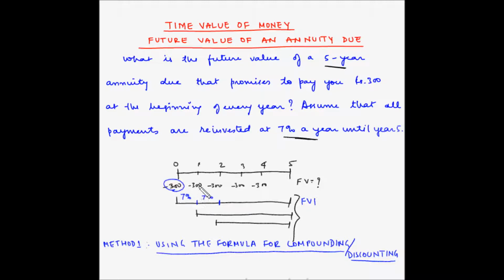Similarly, the second installment of 300 rupees will also gain 7% per annum up till the 5th year. Let's say this is FV2. Similarly, we'll have FV3, FV4, and FV5. And all of these, when put together, will give us the future value of the entire annuity.